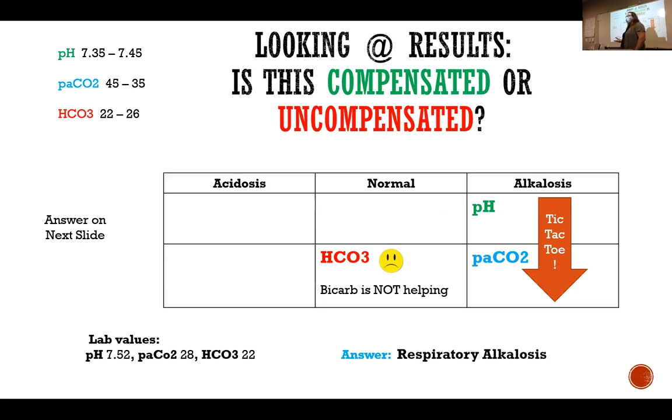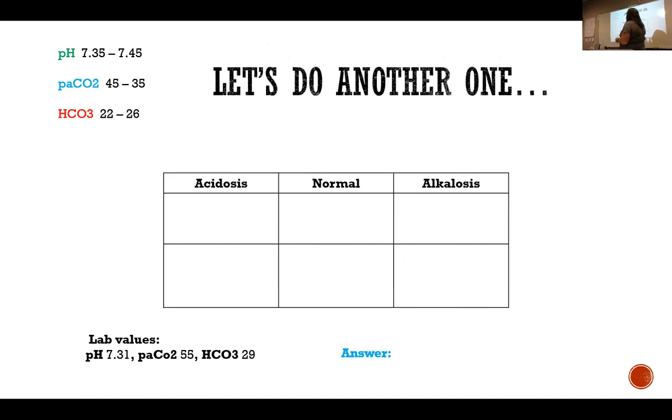If it was helping, it would be abnormal trying to balance out the alkalotic state. It needs to be outside of normal to pull it the other way, to balance those plus and minuses. So we know it's uncompensated because it's not helping. Let's look at another one and practice it.